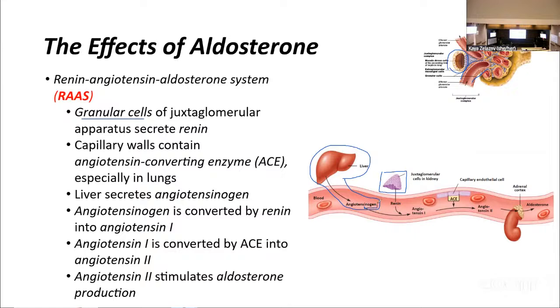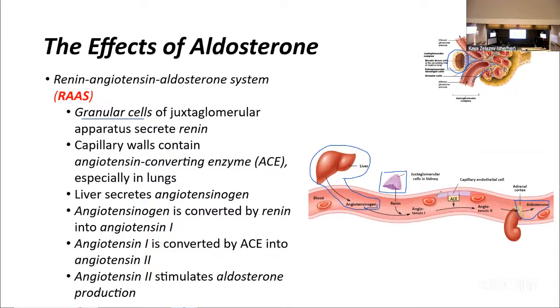This is called angiotensinogen. We know that aldosterone, which is the thing we're trying to regulate, is coming from the adrenal cortex. Okay? So those are our three features outside the bloodstream that are going to have to work together to get that aldosterone coming to the kidney.